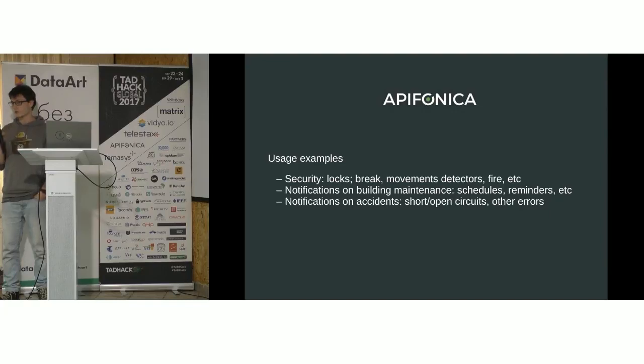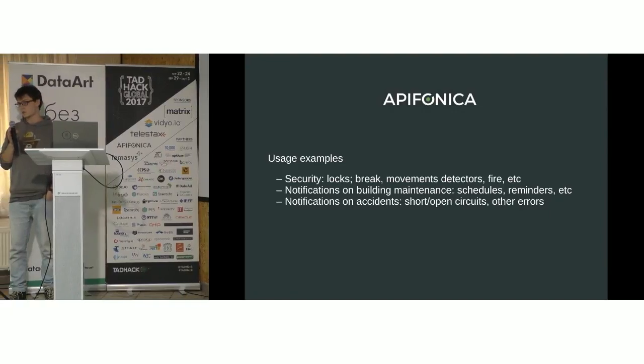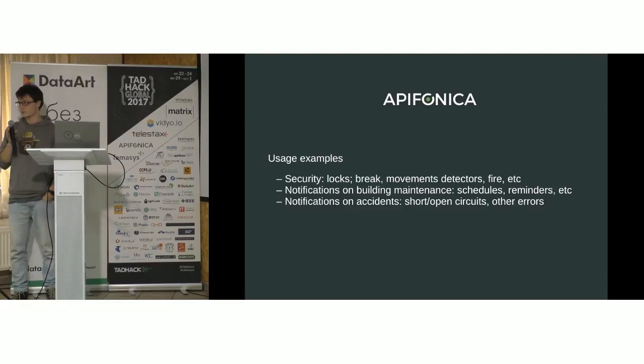Because everyone who lives in a home cares about security, like break-ins, like unauthorized access to their home. The KNX standard has a lot of devices, sensors like movement sensors, door sensors, glass break sensors, and fire alarms, etc. And you can use it.